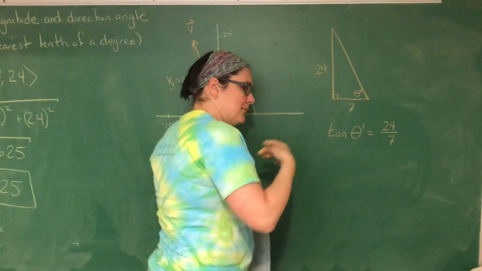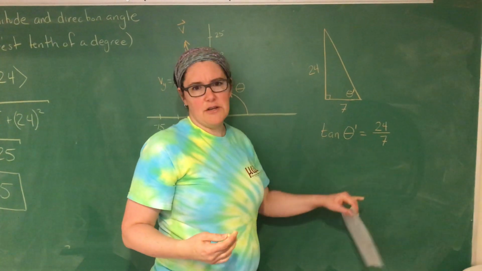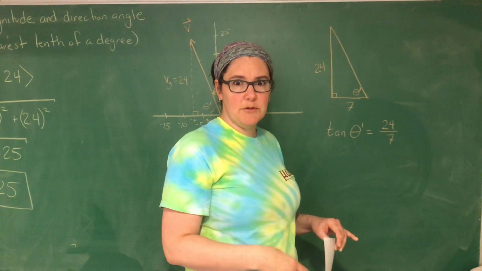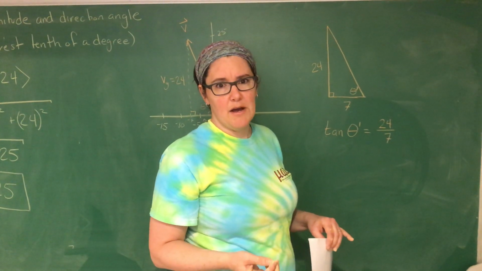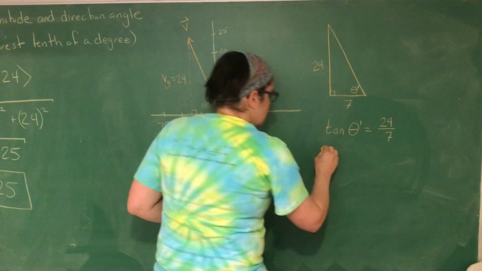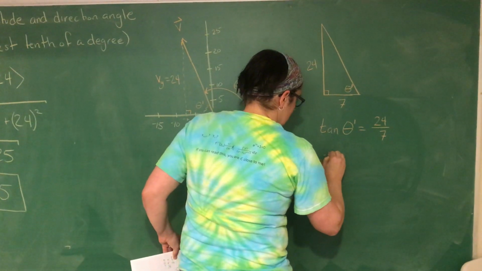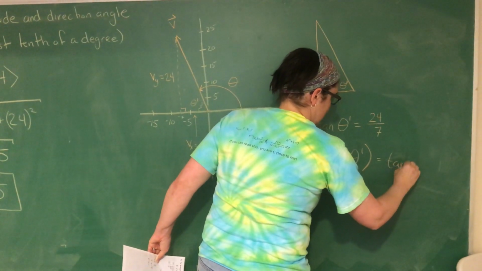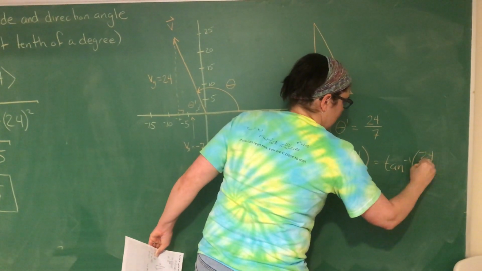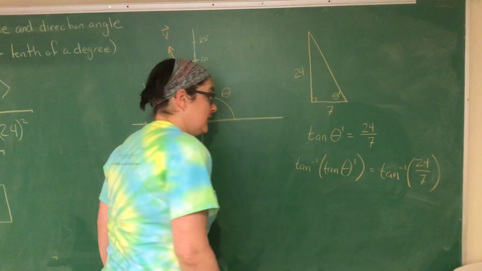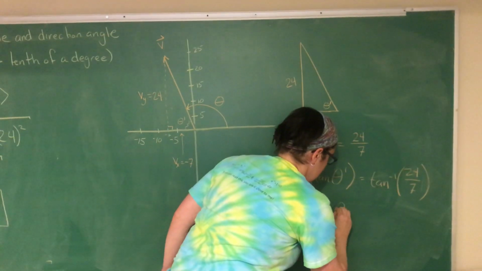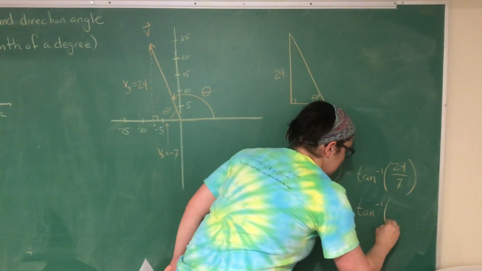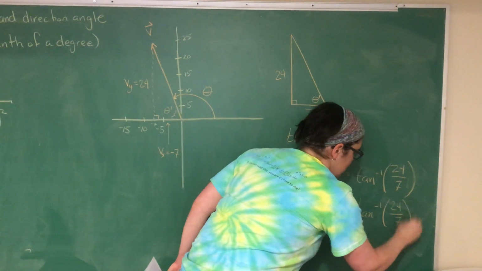So I can apply these inverse trig functions to positive ratios fairly sloppily because I know my answer is going to be an angle between 0 and 90, or 0 and pi over 2. Okay, so I'm going to apply inverse tangent to both sides, and so our angle is the inverse tangent of 24 over 7.